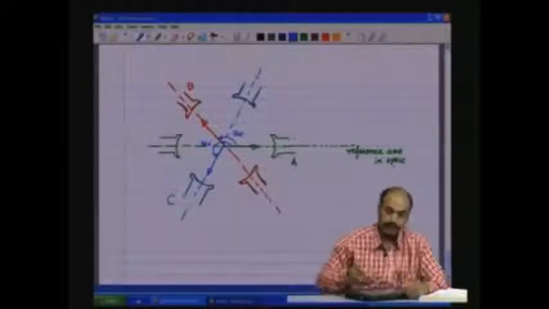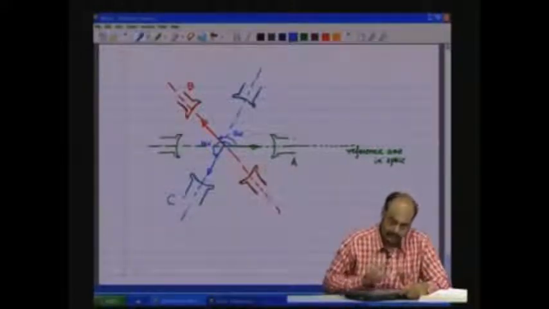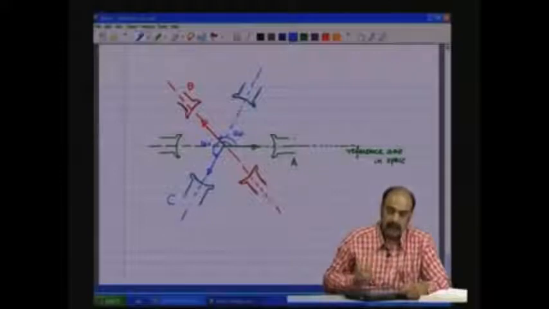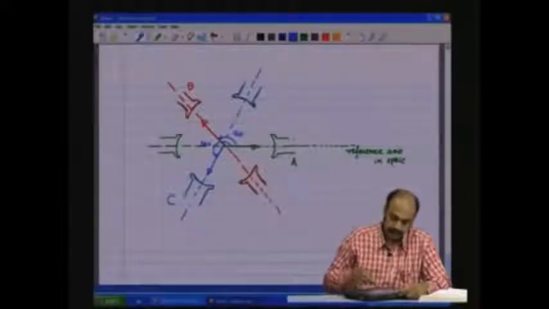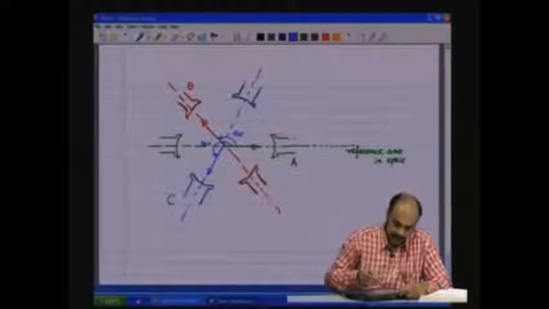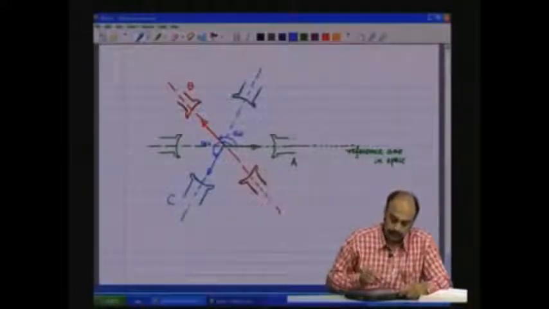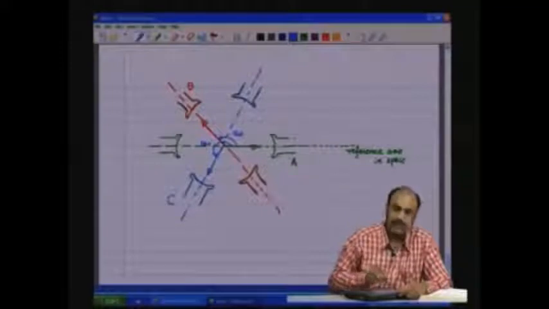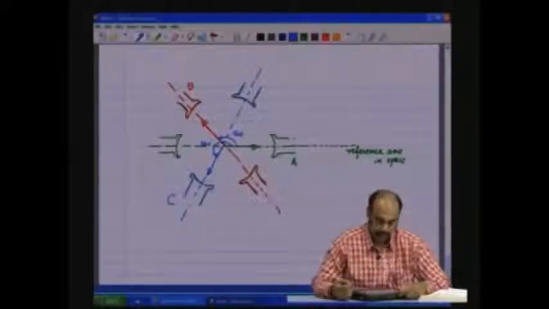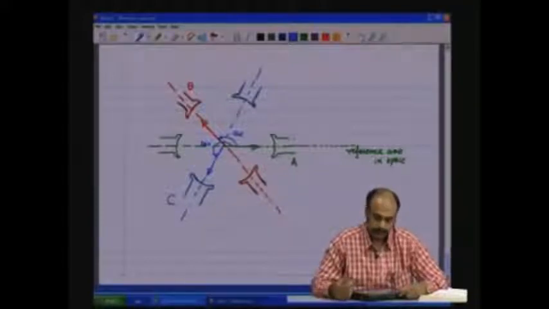Now, if we apply, let us say, the A phase current to the A pole set, the B phase current to the B pole set, C phase current to the C pole set, you will see that the resultant flux density will rotate with the frequency at which the currents are provided for the pole coils.